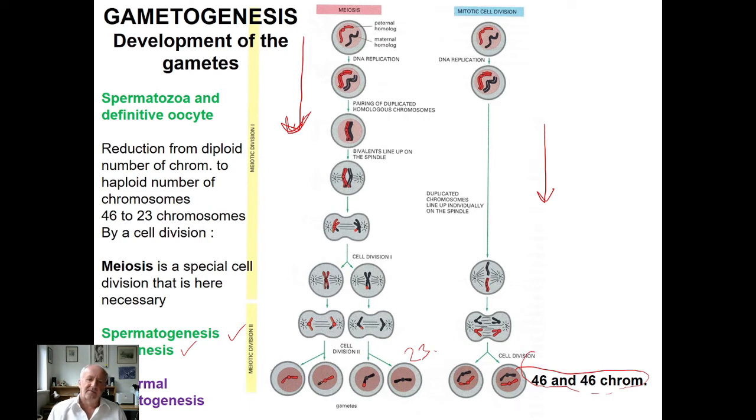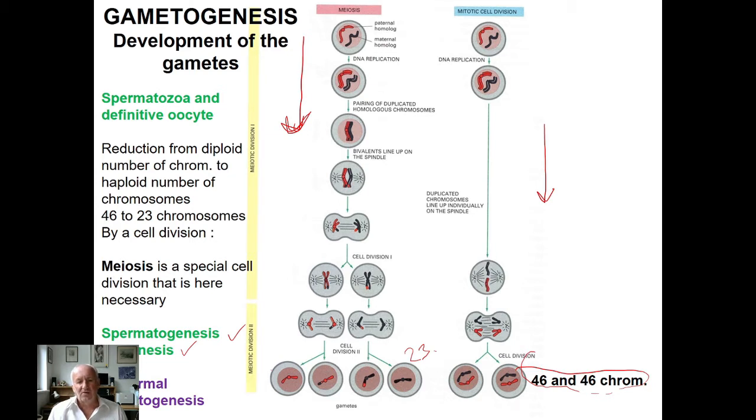The second important thing during meiotic division happens in the prophase of the first meiotic division, in the pachytene stage, where something very interesting happens, what is called crossing over. The second very important thing during meiotic division.